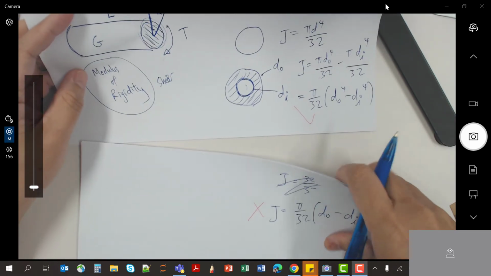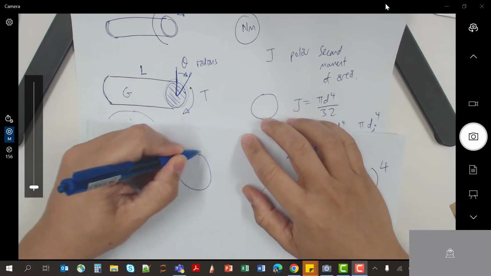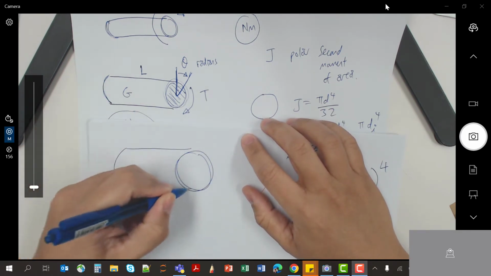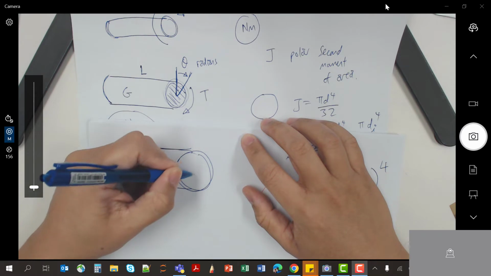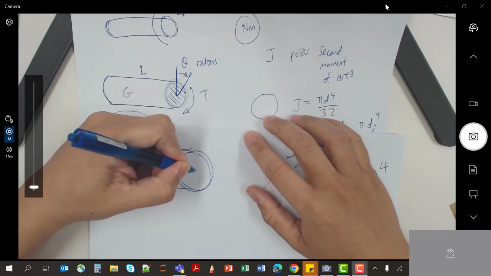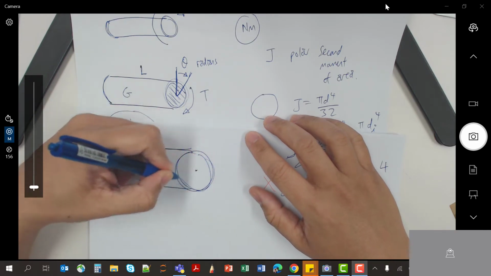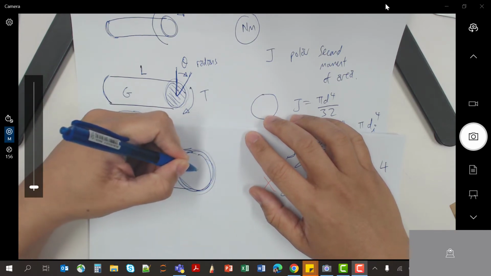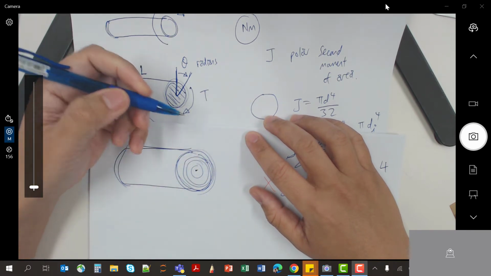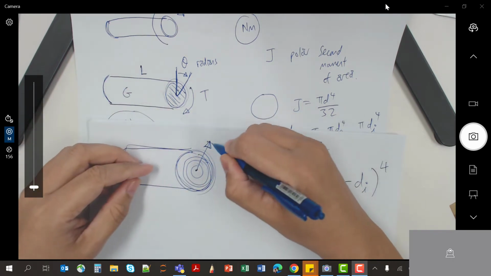Last but not least, R, the radius. When you look at the shaft, you look at how the rod performs at different radial locations.